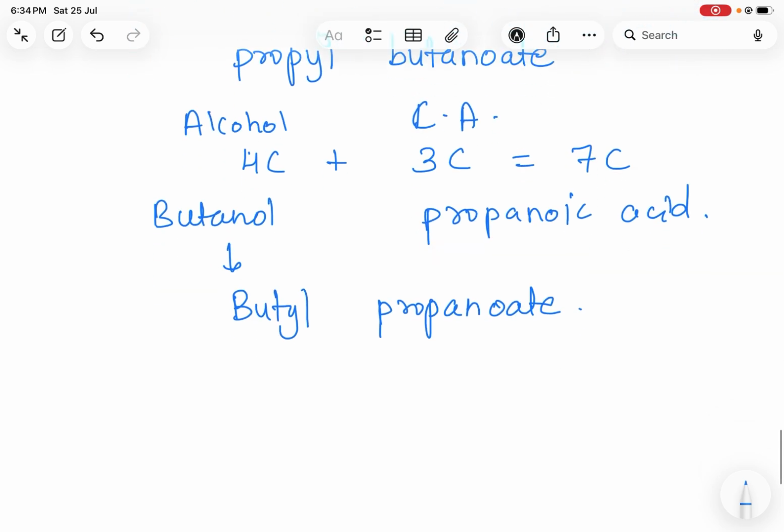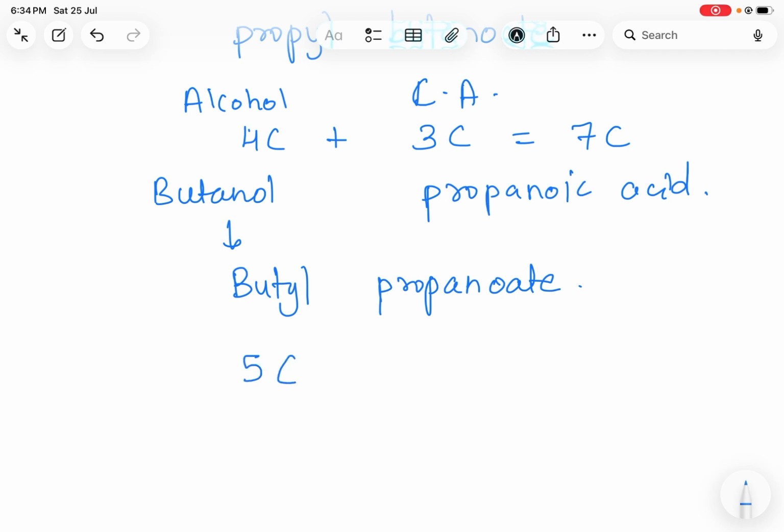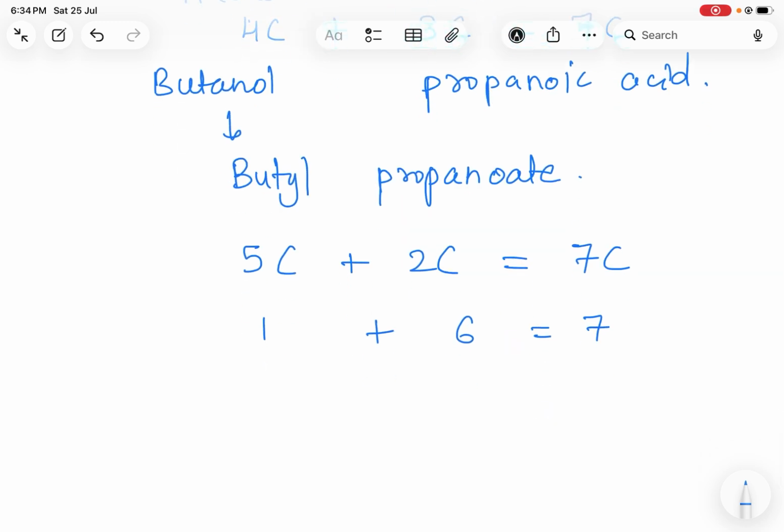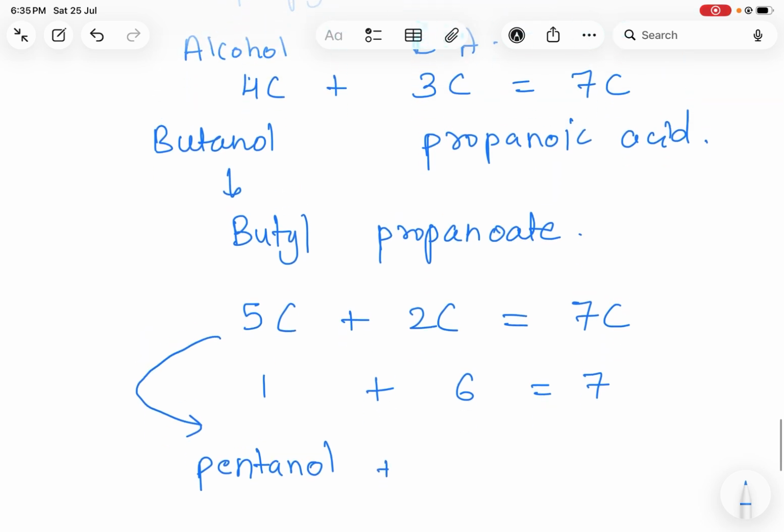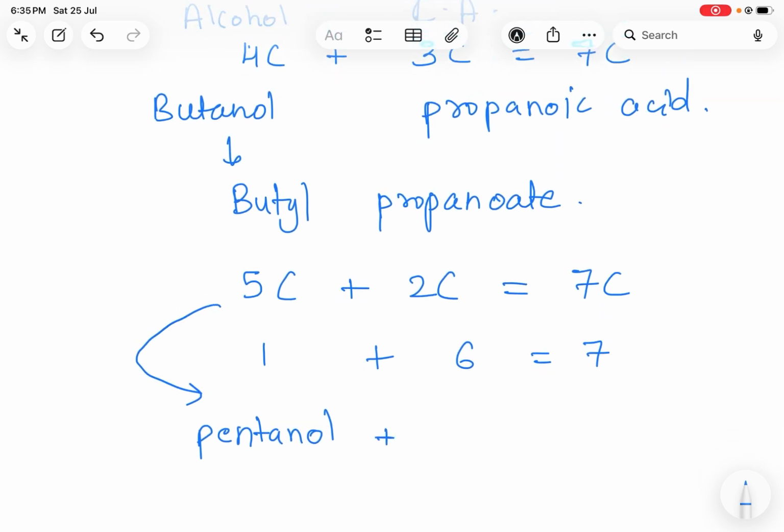Okay, I will have further combinations also. Even 5 plus 2 also gives me 7. Then 1 plus 6 also gives me 7. So here for 5 plus 2, it will be pentanol and a 2 carbon atom carboxylic acid, that is ethanoic acid.